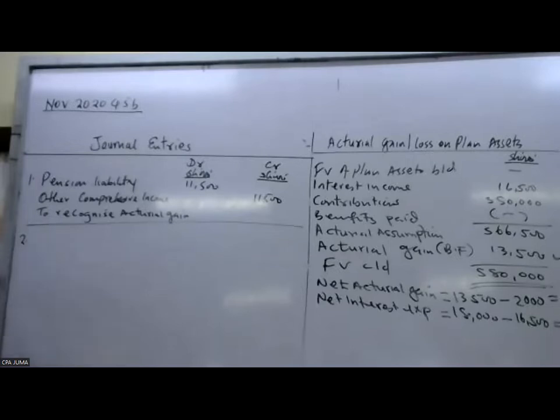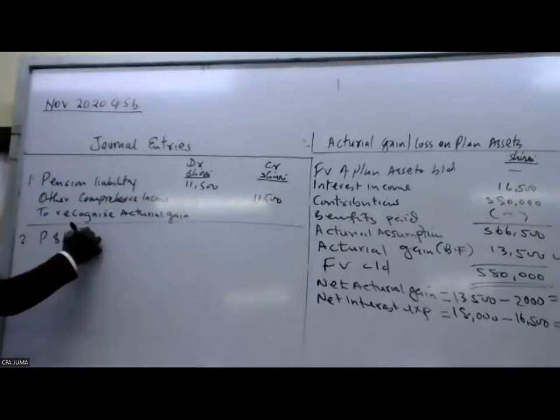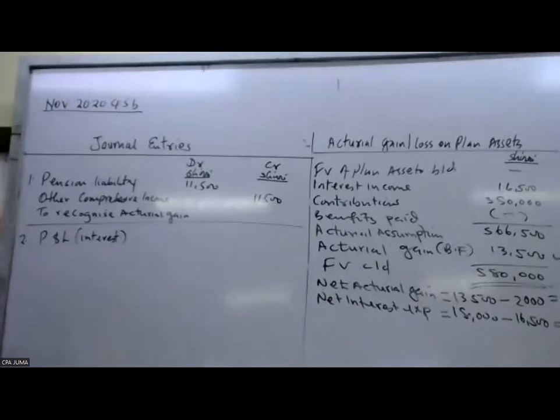Number 2, let's bring interest expense. Interest expense will increase the obligation. If it was interest income, you reduce. So interest expense will increase the obligation. So you debit P&L with interest, then you credit pension liability.